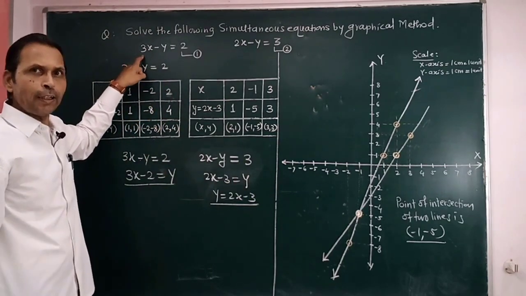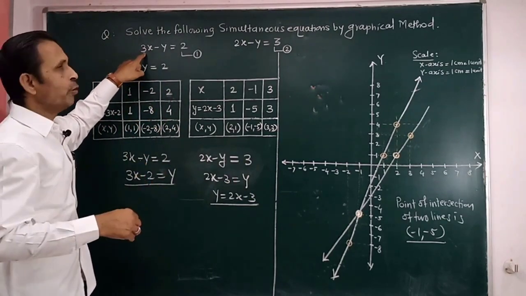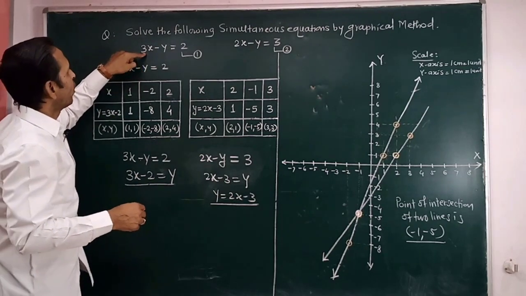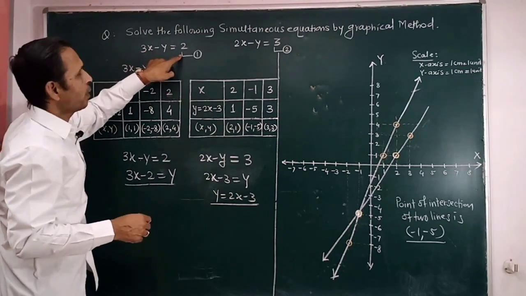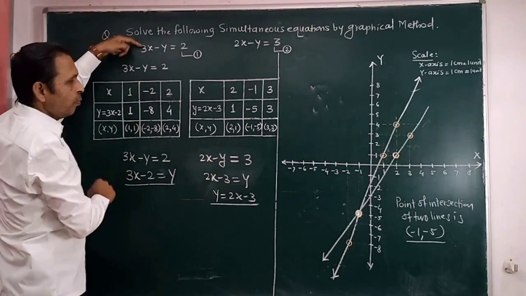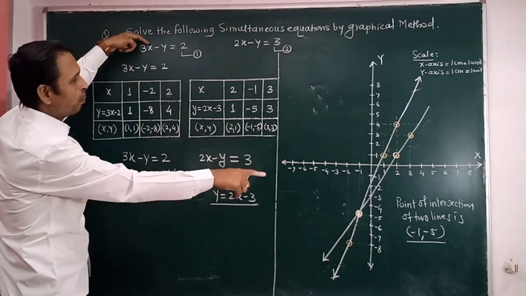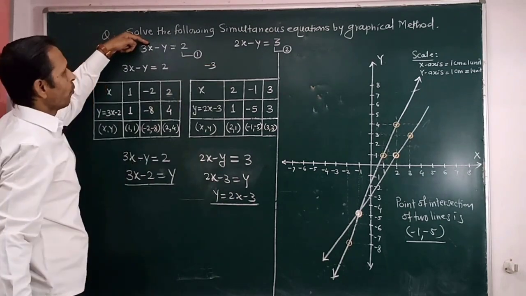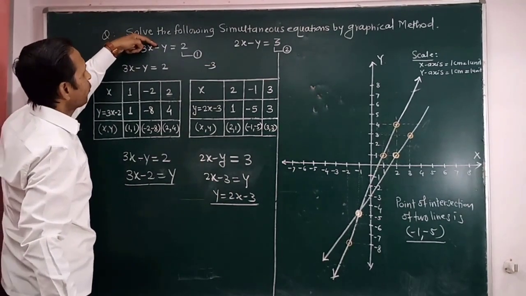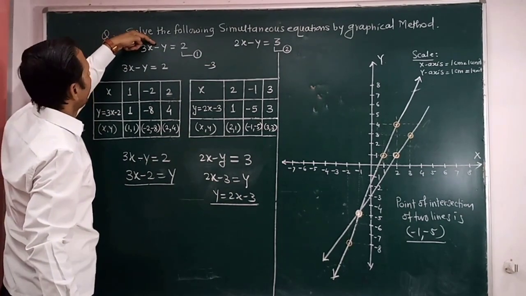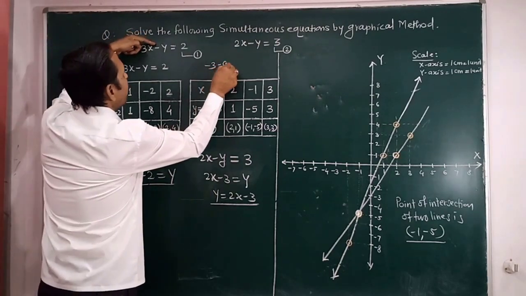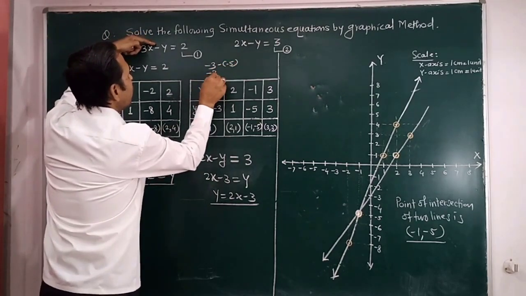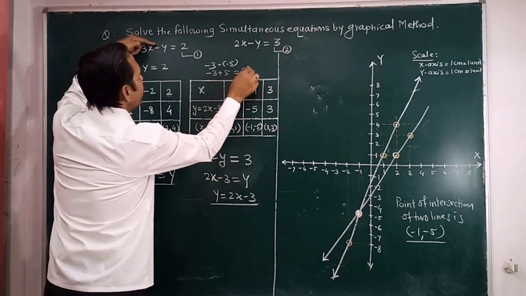Let us try to put the values and find whether LHS and RHS are equal or not. Now 3 into minus 1 is minus 3, and minus of minus 5 means minus 3 plus 5 is equal to 2.